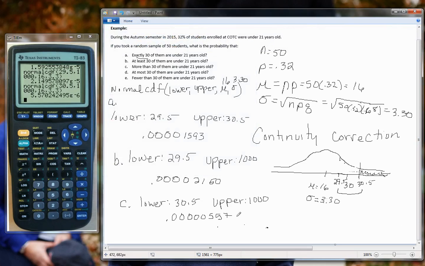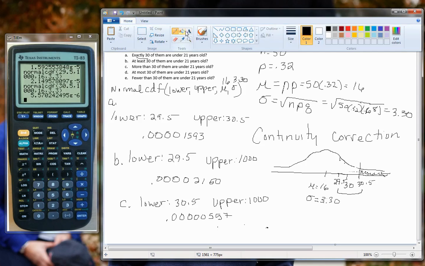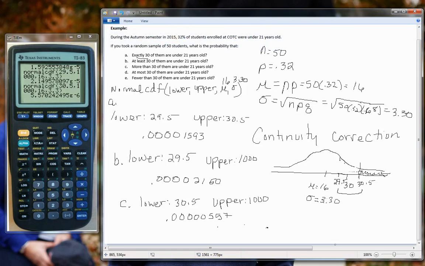Now, if we want to do at most 30, that means we want to have everything lower than 30 but include 30. So I'm going to use this just to erase what we had shaded in. We want everything lower than 30, so that would be everything down here, but since we do want to include 30, meaning we can have 30, we're going to go up to the maximum area we could have with our continuity correction.